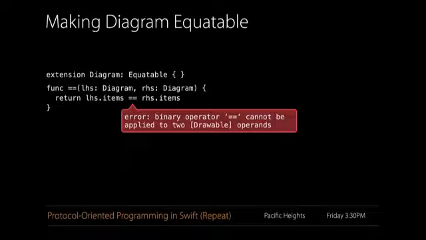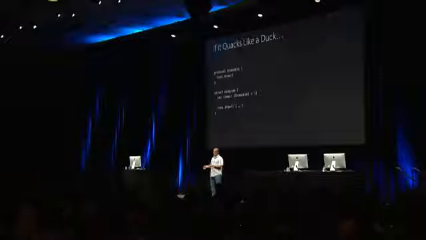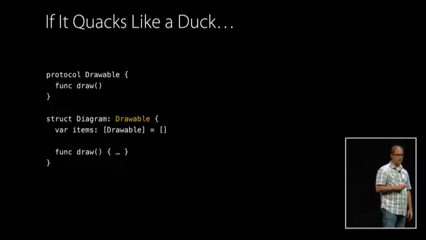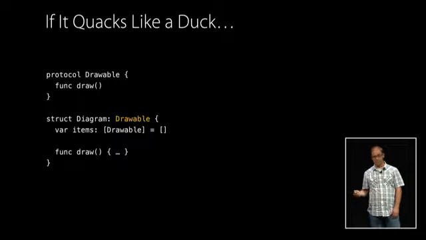In this talk, we'll focus on the value semantics. So, Drawable has a single method called draw. Our diagram has a method called draw. So let's go ahead and turn our diagram into a Drawable. All we have to do is add that declaration to it. Now our diagram quacks like a duck and is a duck.